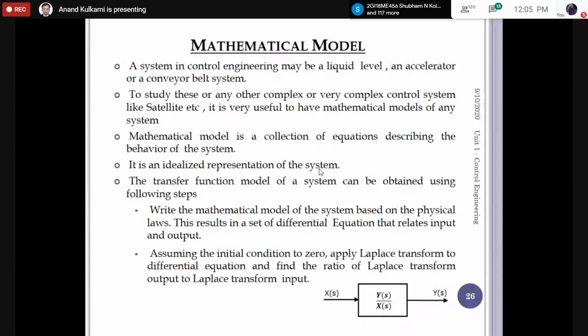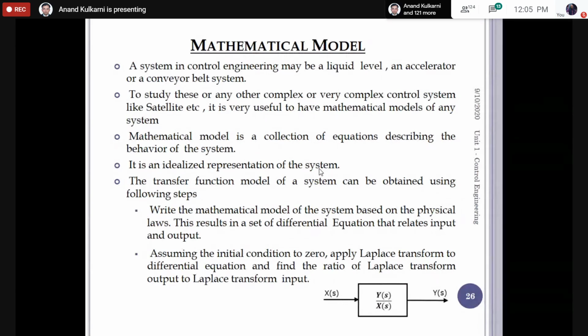So basically here, whatever transfer function models we are going to build are going to be utilized further. Starting with a very complex transfer function is very difficult, so we are going to develop the transfer function in a modular manner. That means a big system is split into small systems, and after developing the small systems, those small systems are interconnected.